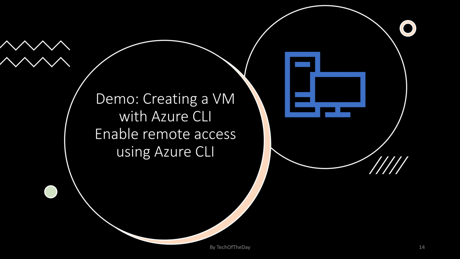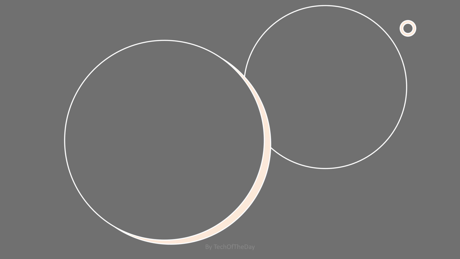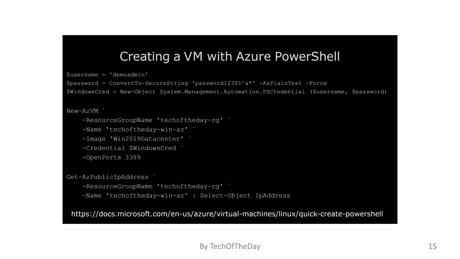As I said, I want you to do that. I will not be doing this myself, but I want you to create the VM with Azure CLI and enable remote access using Azure CLI, as we already have all these things in place. Do that yourself.